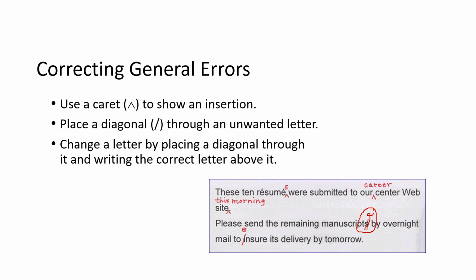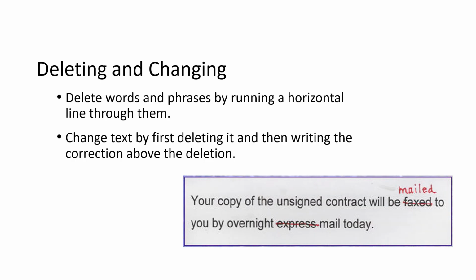This is also a symbol for delete this unwanted letter. Pigtail. Okay, next. To delete words and phrases, you place a running and horizontal line through them. Change text by first deleting it and then writing the correction above the deletion.